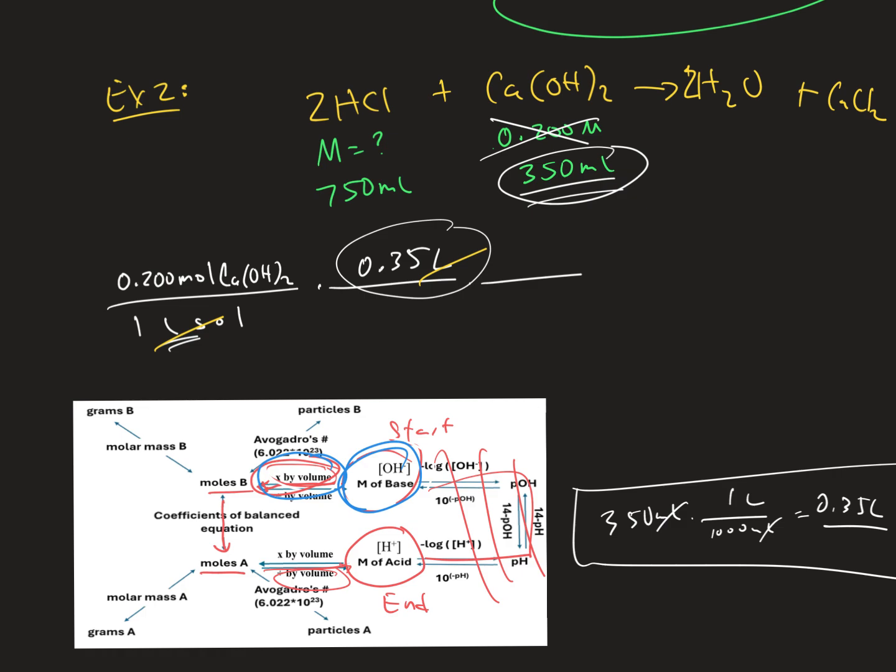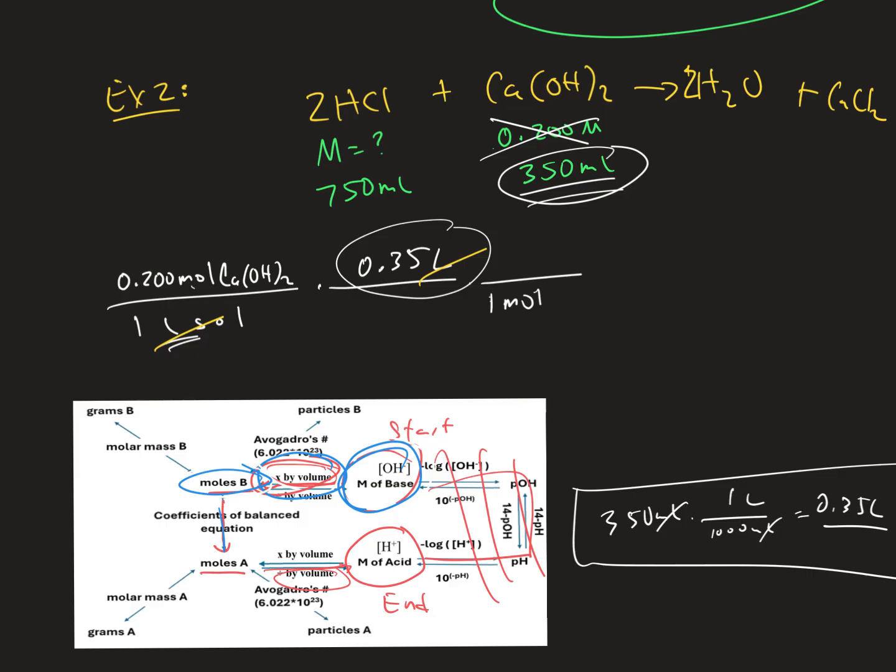Okay, now I'm at my moles. I have moles of my base. That's where I am. Now what do I do? Mole-to-mole ratio. And it's the same mole-to-mole ratio. We don't have to memorize it. It's right there.